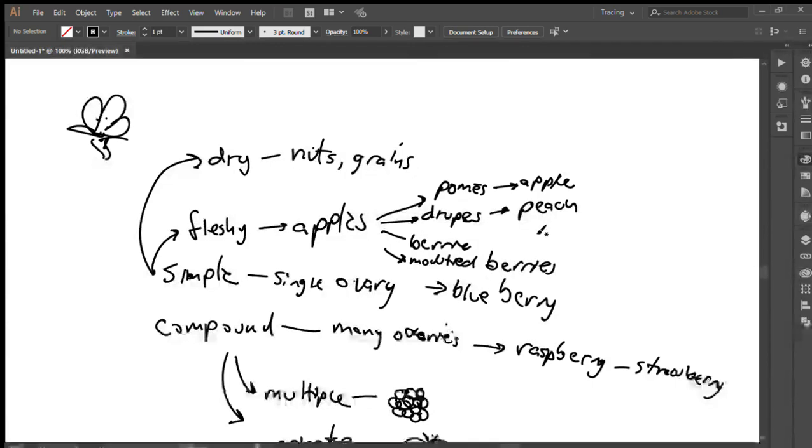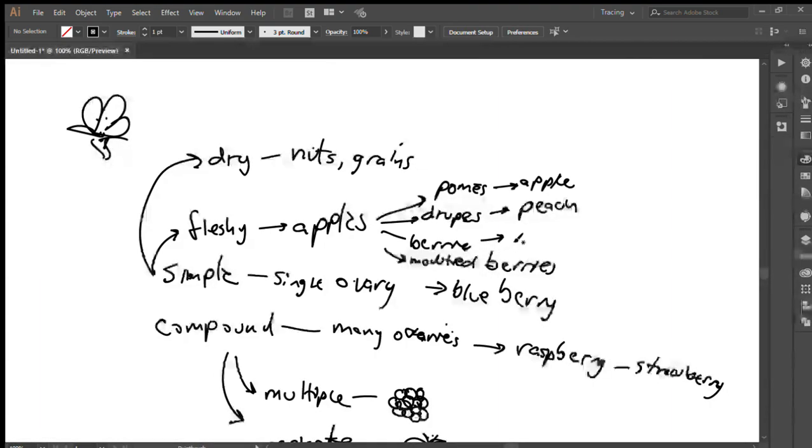If the ovary doesn't form a hard covering around the seed, but instead simply encloses the seed in fleshy tissue, it forms a berry. Berries are kind of interesting because they're known for having a thin covering on the outside, with multiple seeds inside.